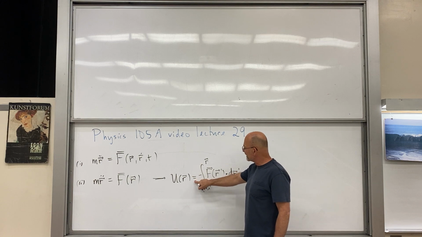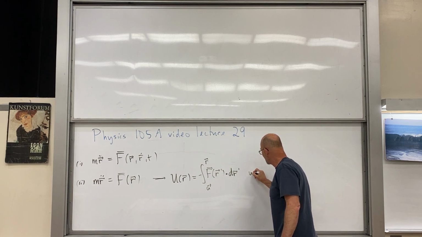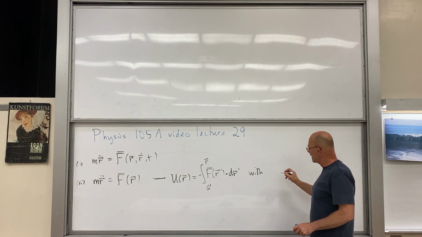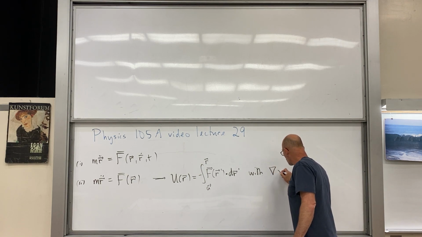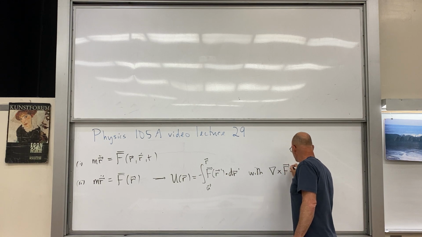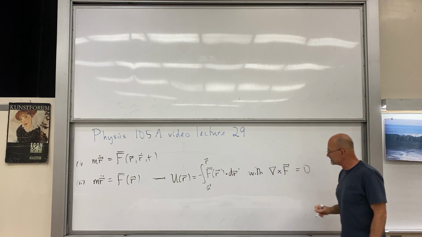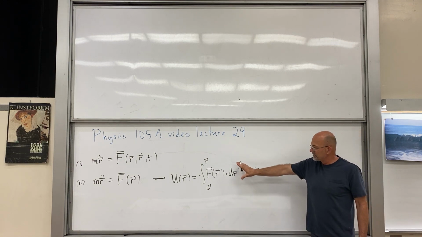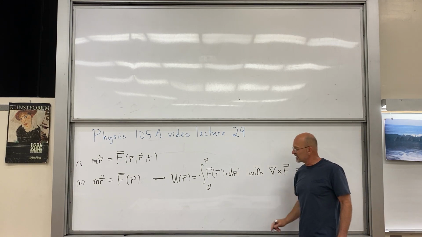So if we have something like this, and we learned last time for which the curl of our vector field equals 0, then we legitimately have the conservation of energy.